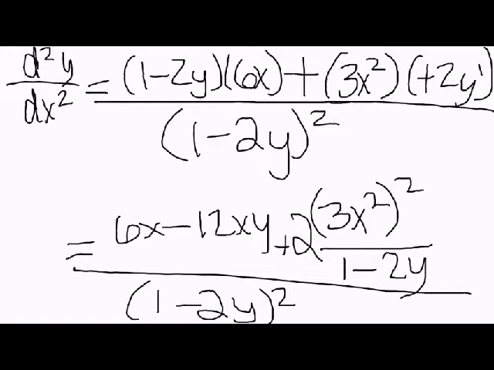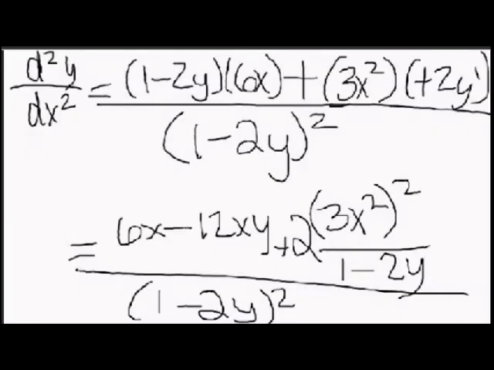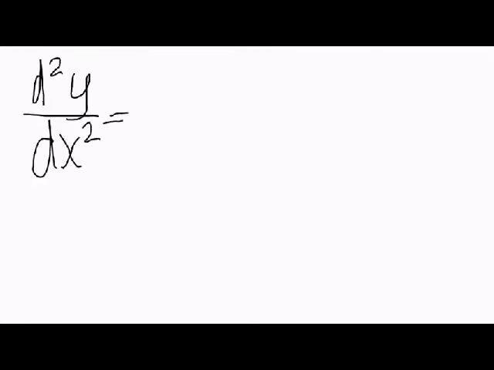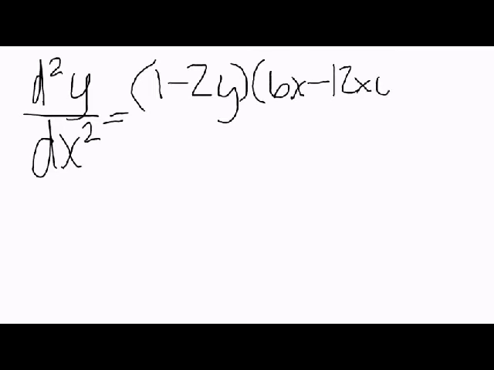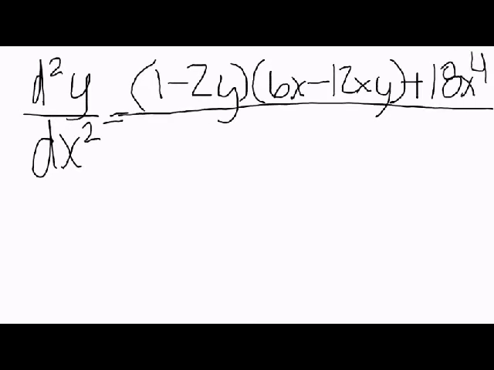Now, in order to get like fractions, we take the binomial of 6x minus 12xy and multiply that by 1 minus 2y. So the second derivative equals, in the numerator, the quantity of 1 minus 2y foiled by the binomial of 6x minus 12xy, and then that is added to 18x to the fourth, and then all of that is divided by the quantity of 1 minus 2y quantity cubed.